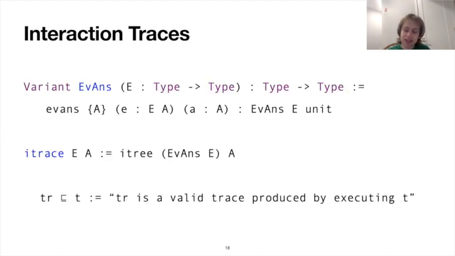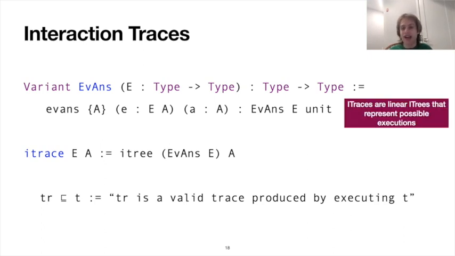And the main thing we do to handle this is create the trace spec Dijkstra monad, which is unique to this paper. And in order to build this, we first need to see interaction traces. So what I-traces are, are linear I-trees, which represent possible executions or possible paths through an I-tree. And an I-trace is just an I-tree over this EvAns E type, where EvAns is an event type family transformer, which takes an event type family E and returns a new event type family.